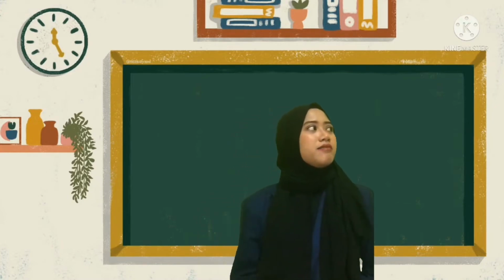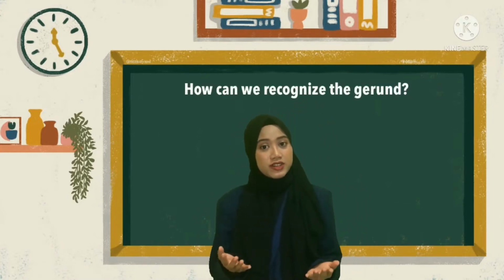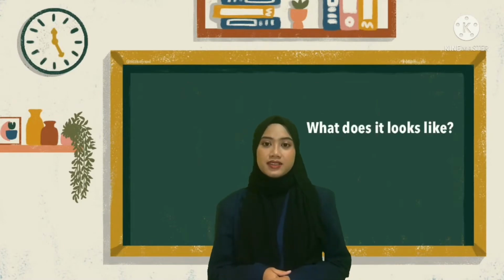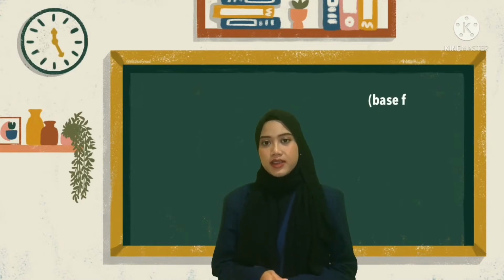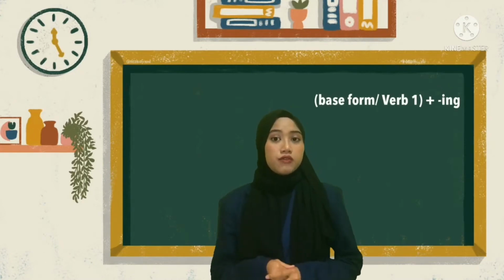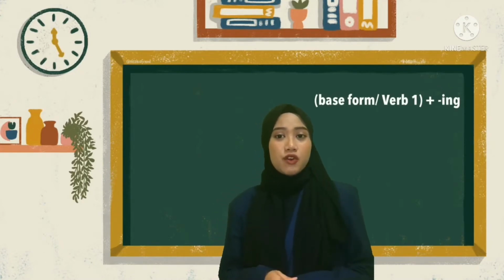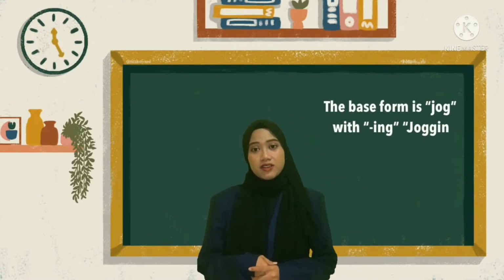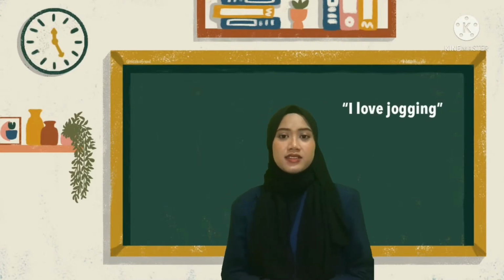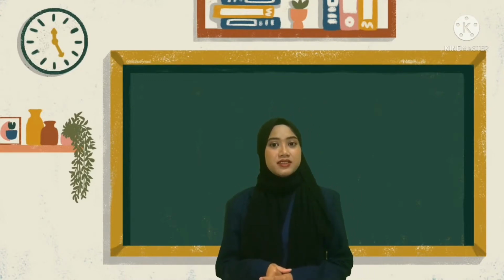Okay, how can we recognize the gerund? And what does it look like? Well, the gerund is formed by adding -ing to the base form of the verb, or the bare infinitive form. The base form is jog, with -ing, jogging. I love jogging.